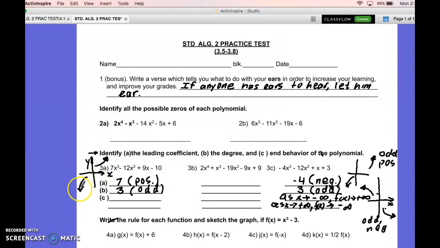So again, x approaches negative infinity going here. The function is going down like this. So as x approaches negative infinity, f of x, or the y, is going down, so it is also approaching negative infinity, like so.